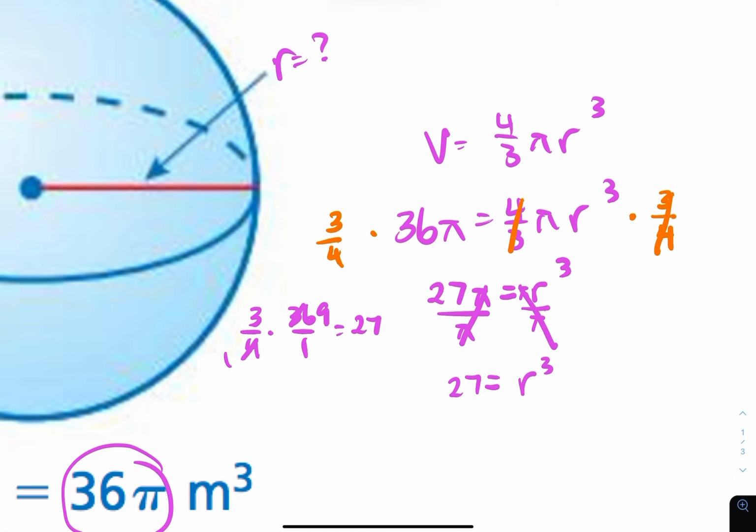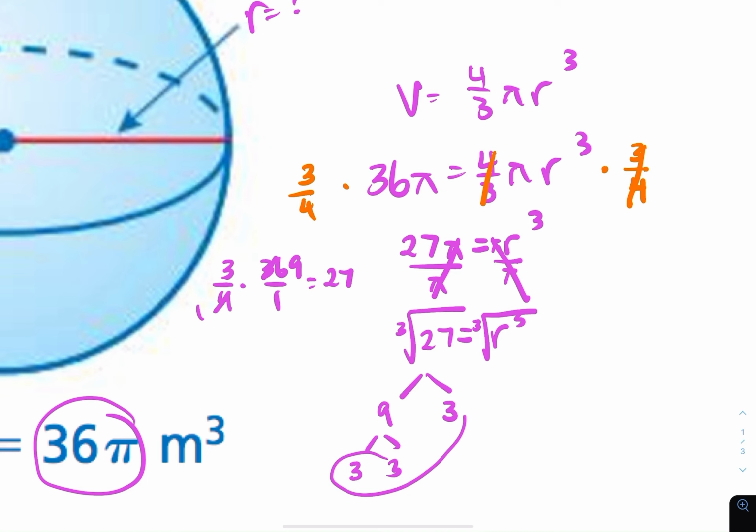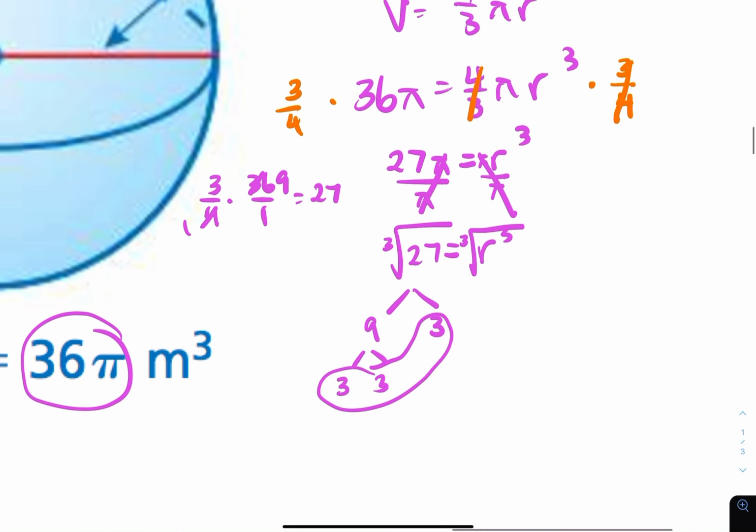You do the inverse operations, right? So you take the cube root. Cube root of 27. How do we take the cube root of 27? Factor trees, right? It's 9 and 3. 3 and 3, so it looks like the cube root of 27 equals 3. So my radius is actually going to equal 3 meters.